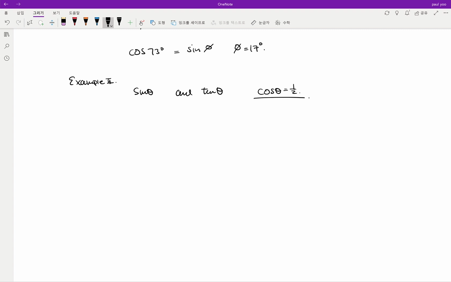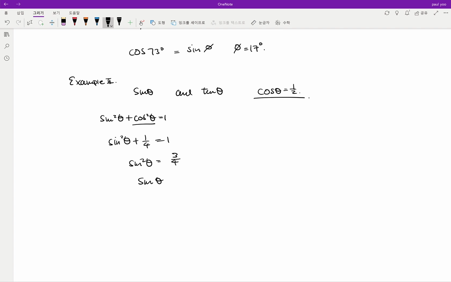So knowing cosine is equal to 1 over 2, you can first use sine squared theta plus cosine squared theta is equal to 1, which is always true. So cosine squared is going to be 1 over 4, so sine squared theta is going to be 3 over 4.